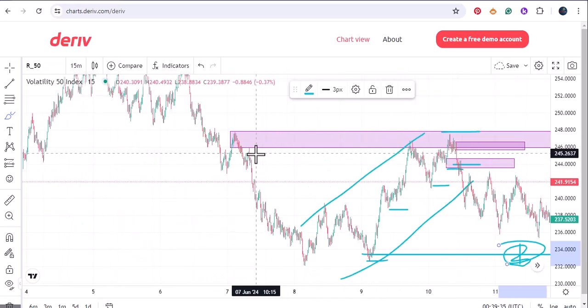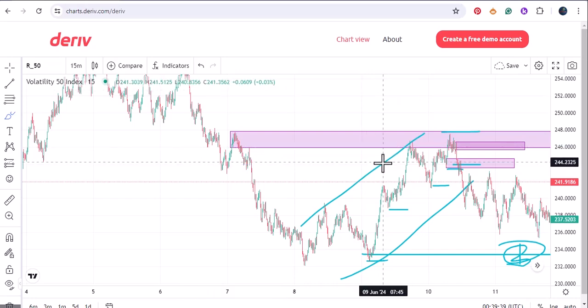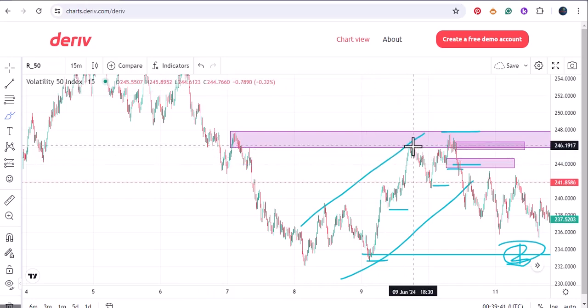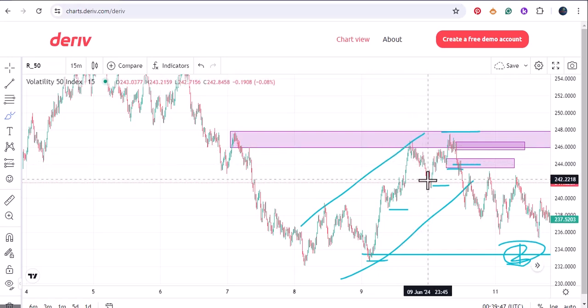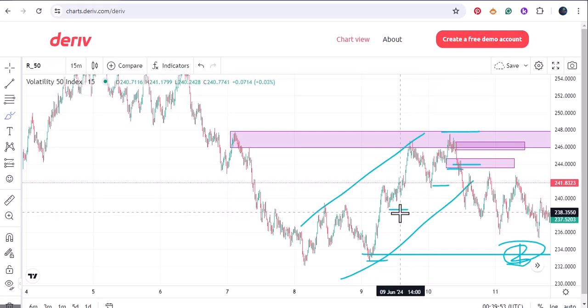On the H1, we are looking for what? On the H1, we are looking for a safer way of reducing our risk, which means we are going to refine our order blocks and our breakers from the H4. If you get your points of interest from the H4, on the H1, you're trying to reduce those into small packages that you can use, right?